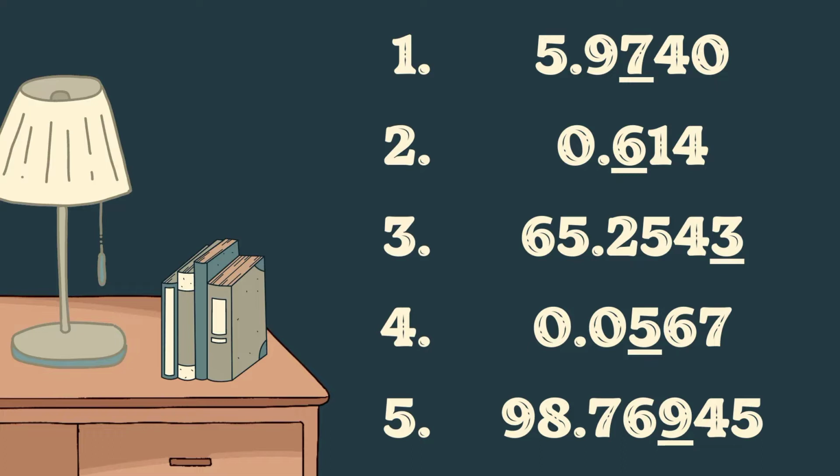For our number 3, we have 65.2543. And the underlined digit is number 3. For number 4, we have 0.0567. And the underlined digit is number 5. For our last number, we have 98.76945. And the underlined digit is 9.